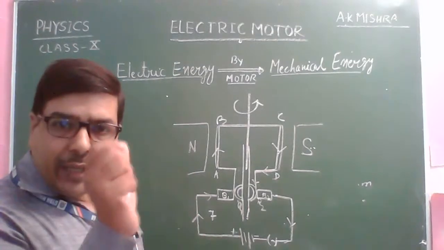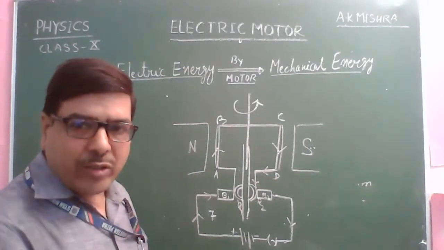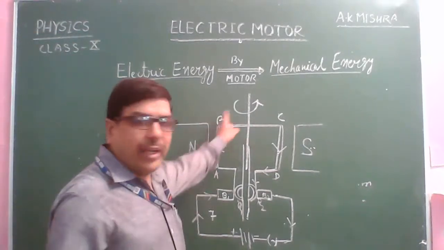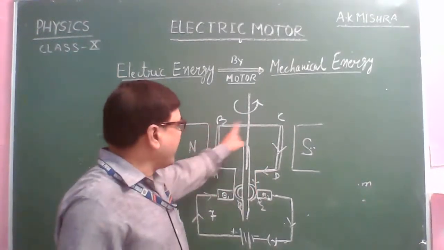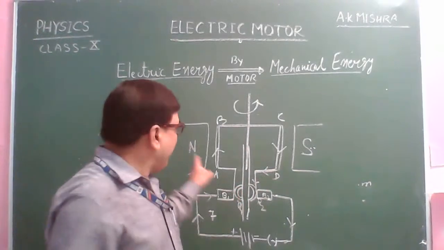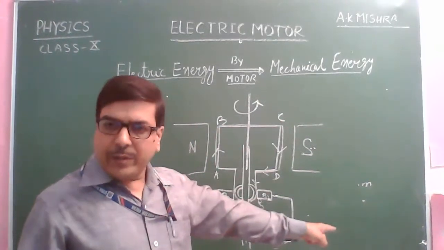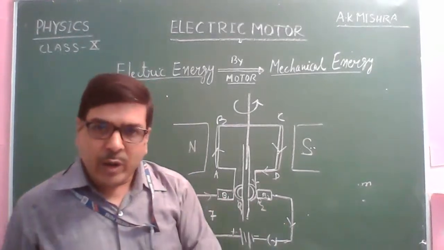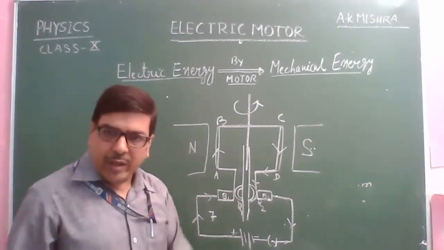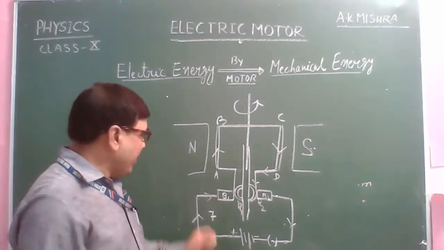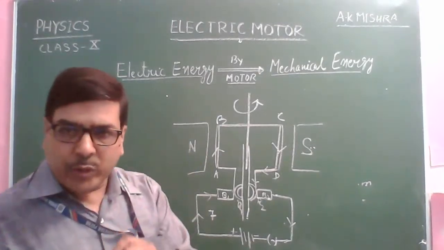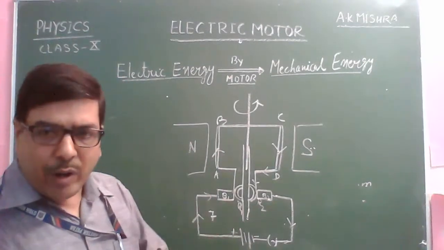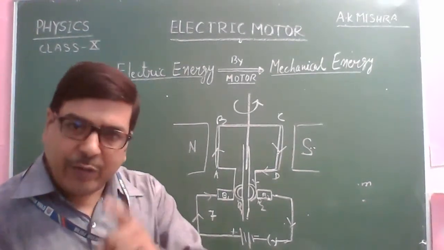It works on the principle that a current carrying coil placed in a magnetic field experiences force, and the direction of the force produced is determined by an important rule, Fleming's left hand rule.